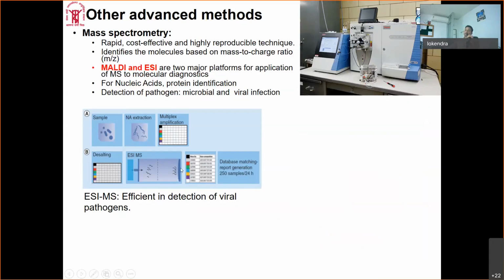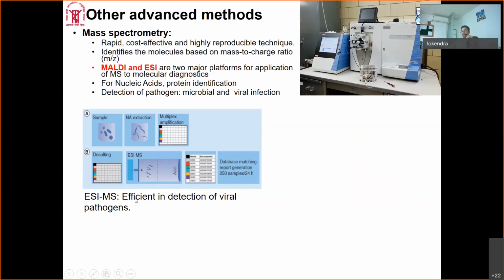This is attached to a detector which can detect their mass to charge ratio as well as fluorescence, and based on that it generates a report telling what kind of protein, or what sequence, or what size of nucleotide is there. That can be detected by ESI-MS, and it is very efficient. ESI-MS is generally used to detect smaller fragments of DNA, RNA, and proteins.